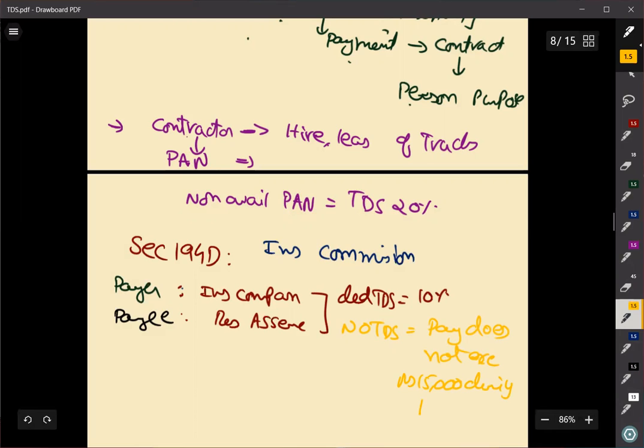That means if the total amount of payment in the entire financial year does not exceed 15,000, TDS is not required. Otherwise, the insurance company, at the time of making payment to the resident SSC, should deduct the TDS at 10%. That's what 194D is.